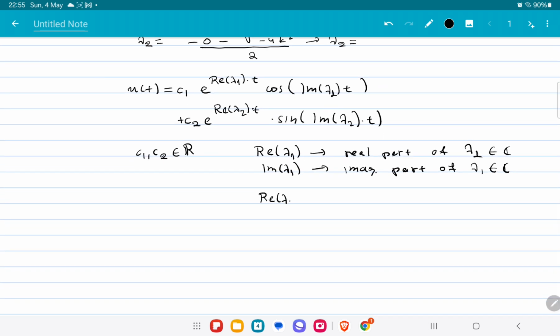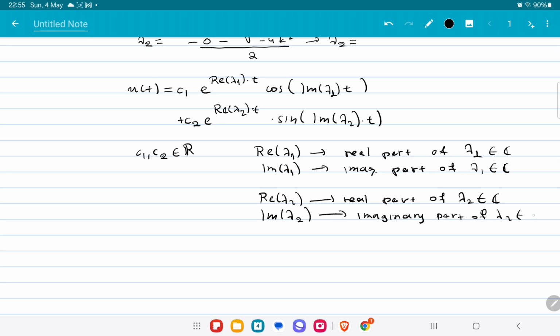Real part of lambda 2 is the real part of lambda 2, which is a complex number, and imaginary part of lambda 2 is the imaginary part of lambda 2.